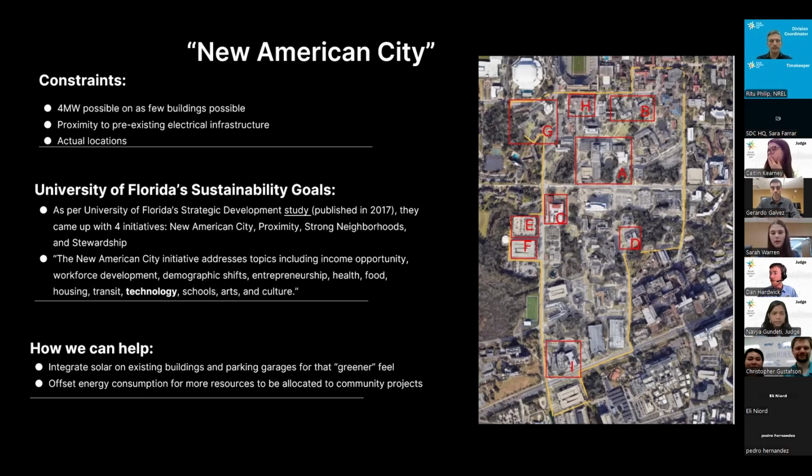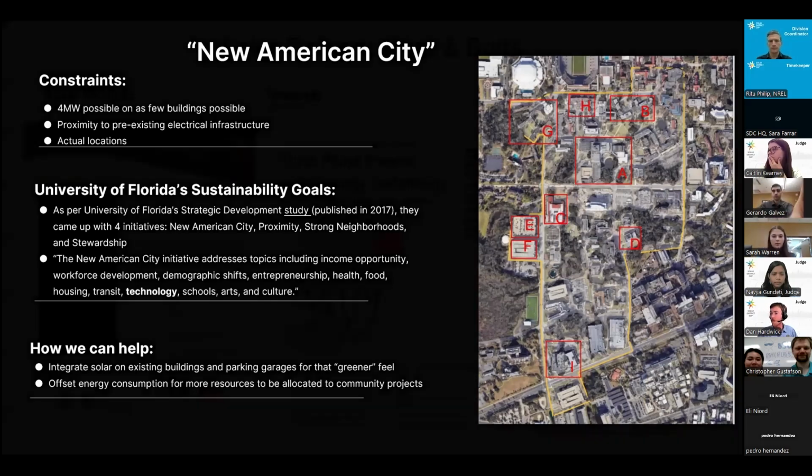We are looking mainly at the technology aspect of this goal, and we believe we can help by integrating solar on existing buildings and parking garages for that greener feel, while offsetting as much energy consumption as possible for more resources to be allocated to community projects. Next slide, and it is my partner Gerardo's turn.